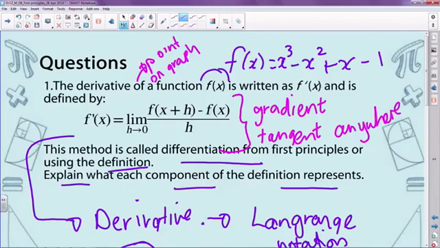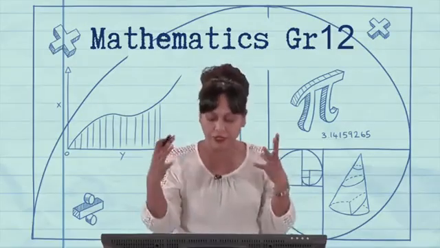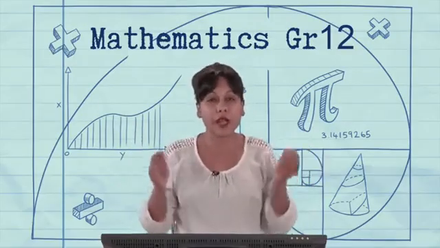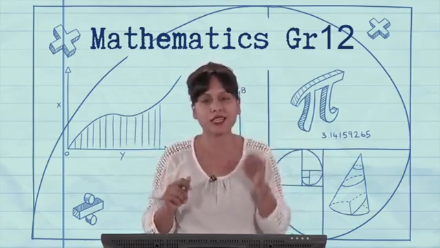Okay, so the tangent anywhere on a function, what the slope of that tangent will be, or it will give us the gradient of the function at any point. All right, so a derivative value is really telling you what direction the curve is going in.